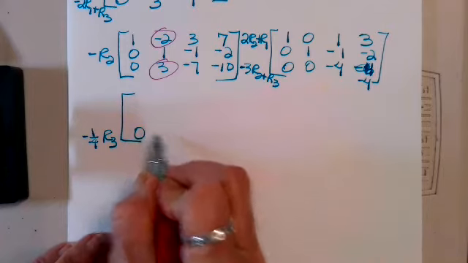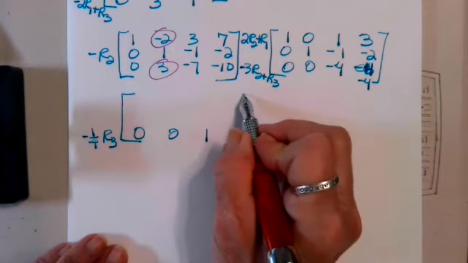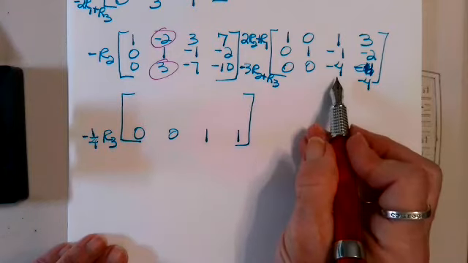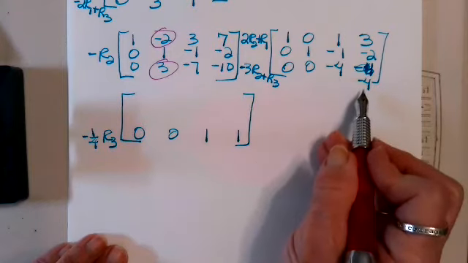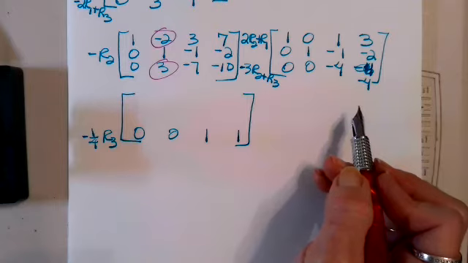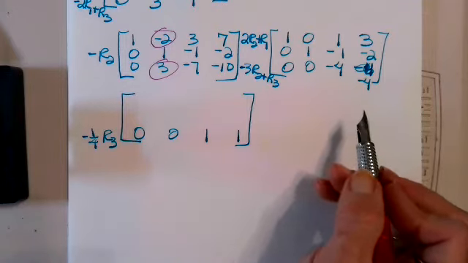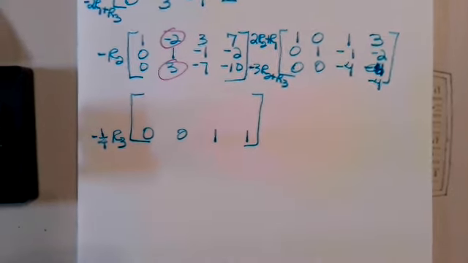When I do that, I will get 0, 0, 1, 1. Because when I multiply by minus 1/4, I get 1 here, and this was a minus 4, so when I multiply by minus 1/4, I get plus 1. Okay, let's see, I might have this.